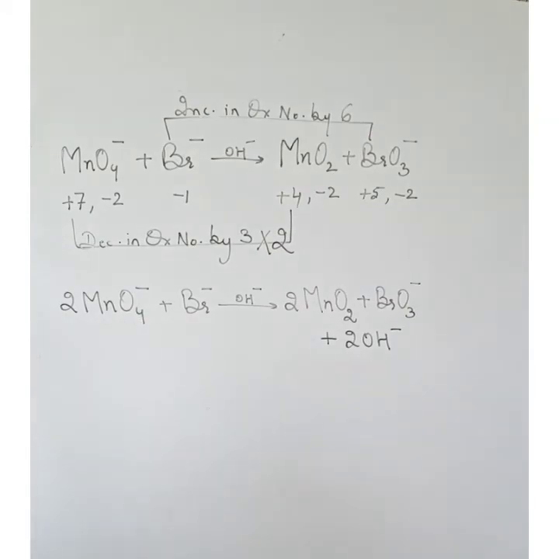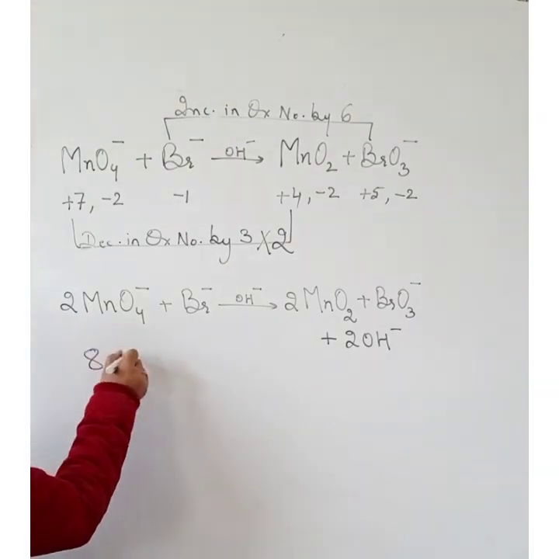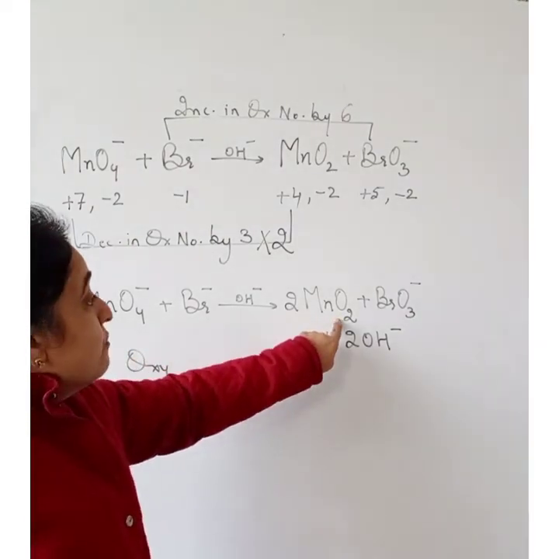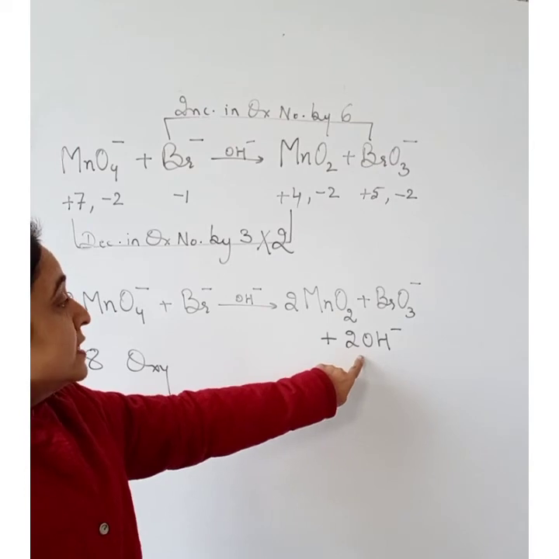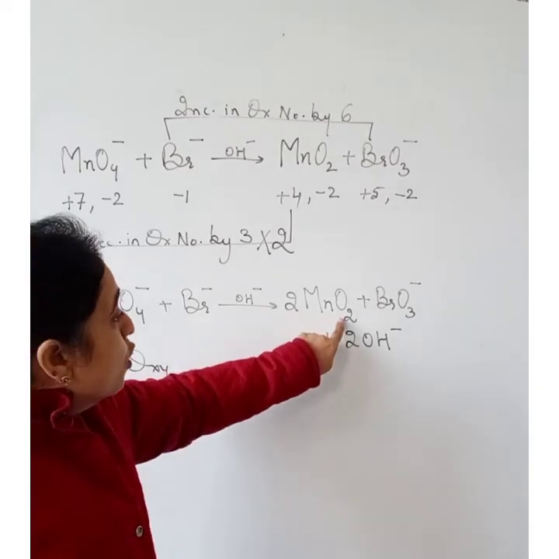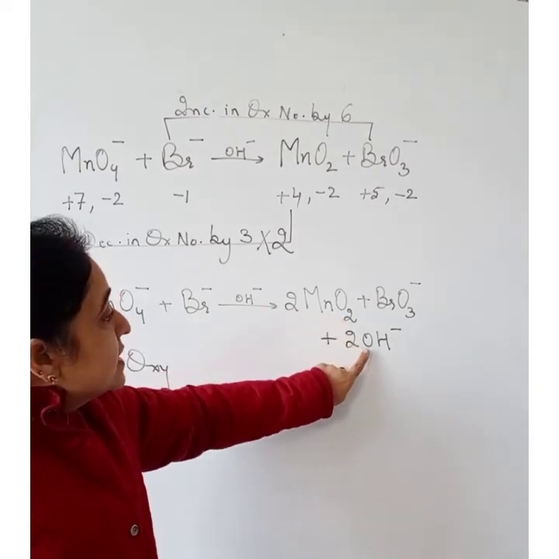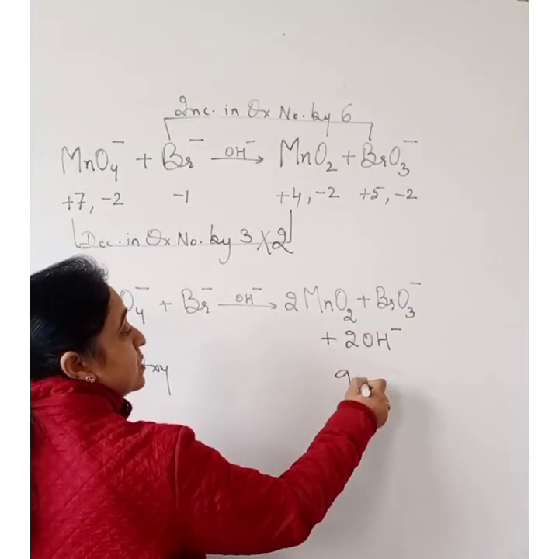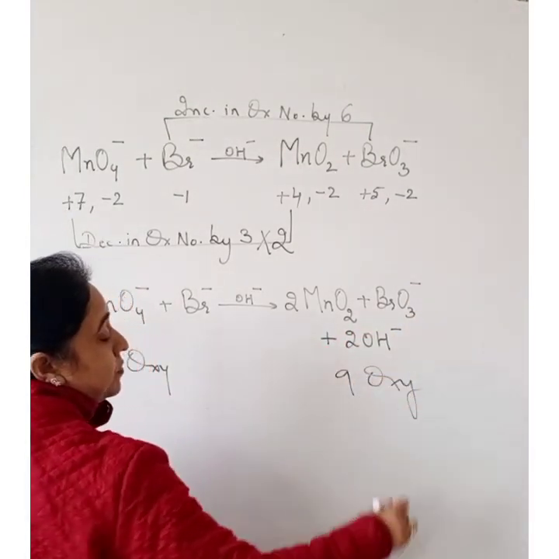Now balance oxygen atoms, which is not affected by medium. We can balance oxygen atoms by adding water on the deficient side. 4 2s are 8 oxygen atoms here. 2 2s are 4, 5, 6, 7, 8, 9 oxygen atoms on this side.